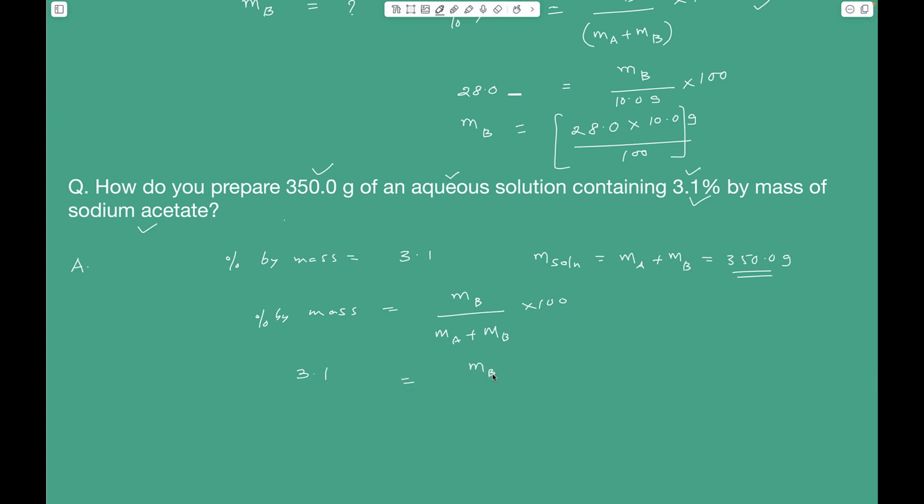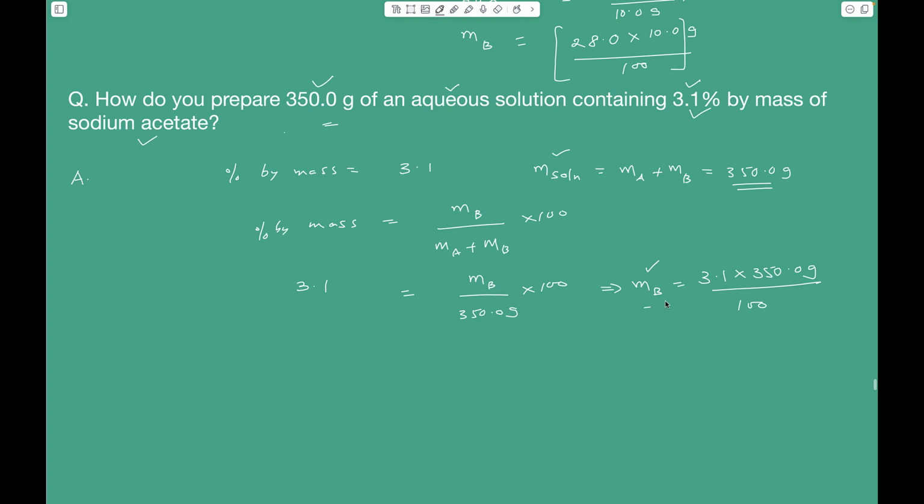We have to figure out MB, and MA plus MB is the mass of the solution, that is 350 grams, and multiplied with 100. Now, MB will be 3.1 multiplied with 350 grams over 100. So, we already figured out the mass of the solute, that is the mass of sodium acetate needed to prepare this solution.